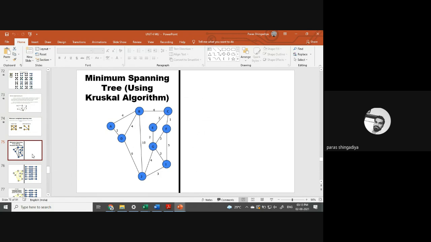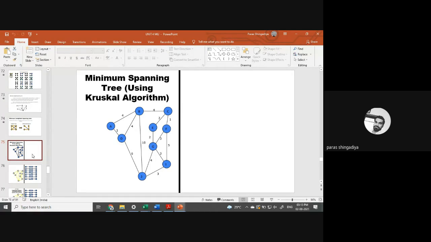It is also one well-known algorithm, and here we calculate manually. Clear? Because we have one graph, and you have to check all the procedure manually. But you can also run the C program of this Kruskal algorithm. There is also a C program, and you just enter the data into the program: the number of vertices, then edges, and then their weights, and you can directly find the answer.